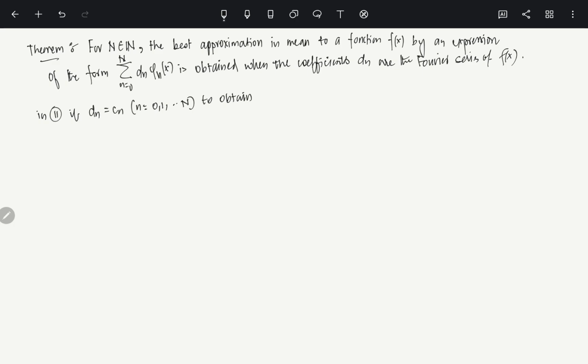So if dn equals cn, what do we obtain? We obtain that the norm of summation Sn minus f square is nothing but norm of f square minus summation n equals 0 to infinity norm phi n square cn square, right? That's what we are going to get.